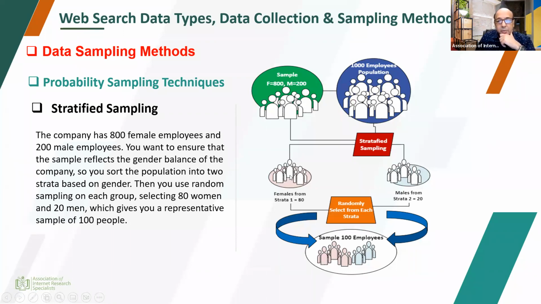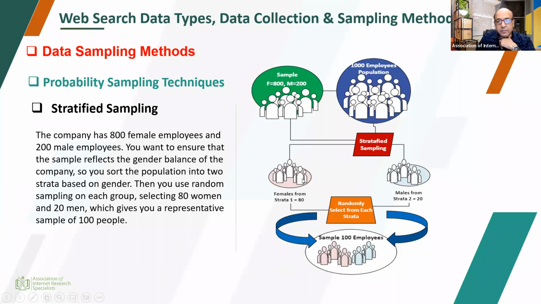So if you need to make a strata out of it, you would maintain a ratio, or there should be some rationale for why you would select, let's say, 80 females to create one strata, and on the other hand, you created another strata of 20 male employees. Right? So 20 is to 80.